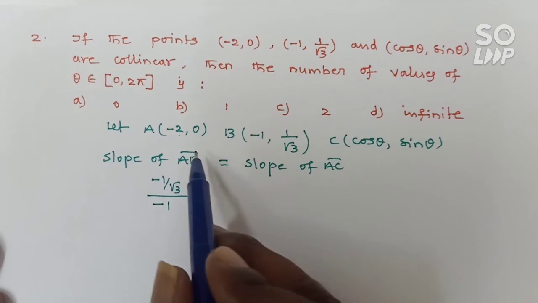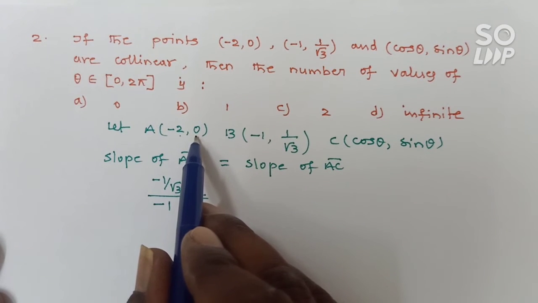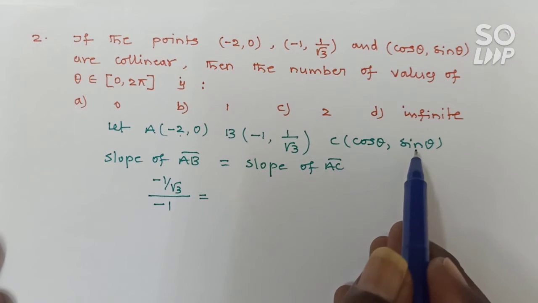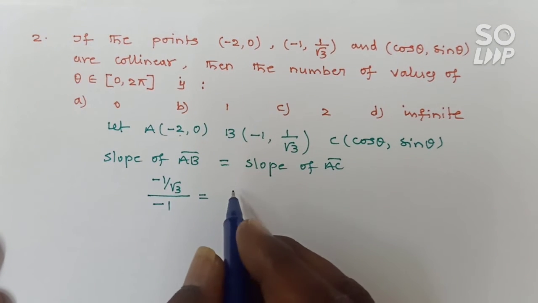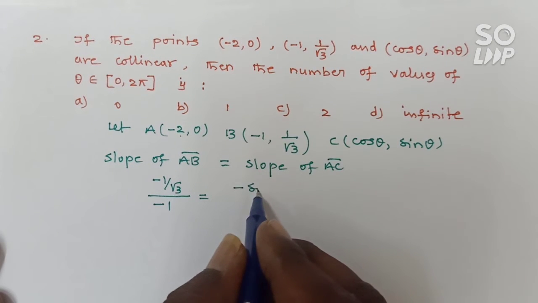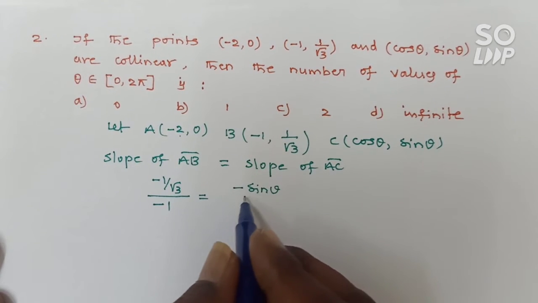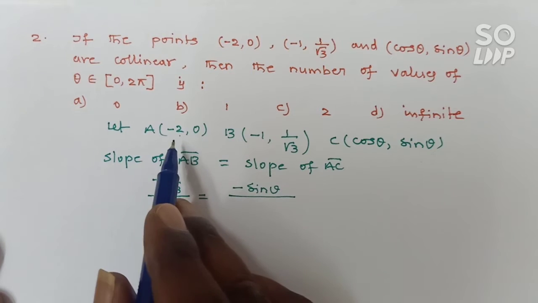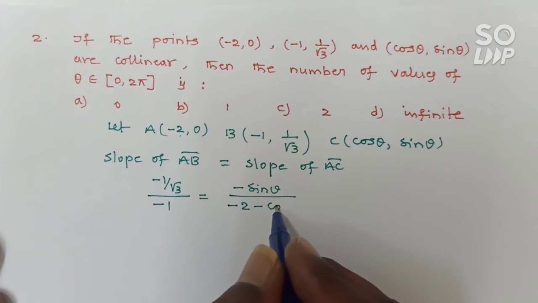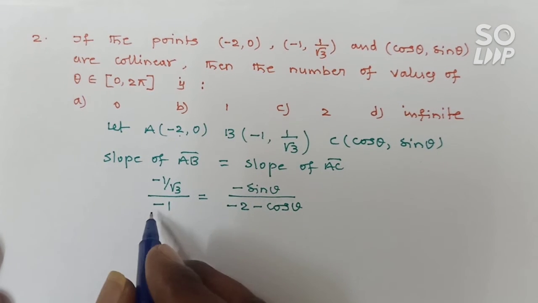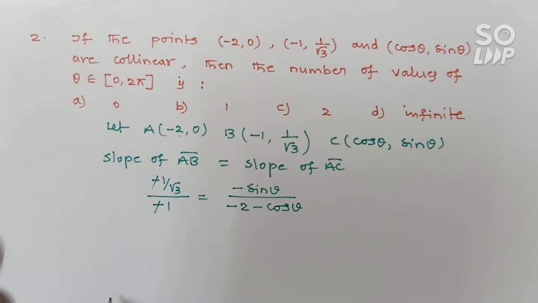Slope of AC: A is x1 comma y1, C is x2 comma y2. So 0 minus sin theta is minus sin theta, whole divided by minus 2 minus cos theta. Here minus and minus will be cancelled.